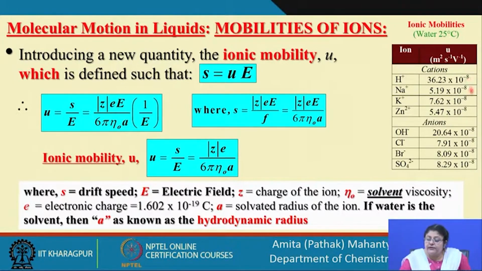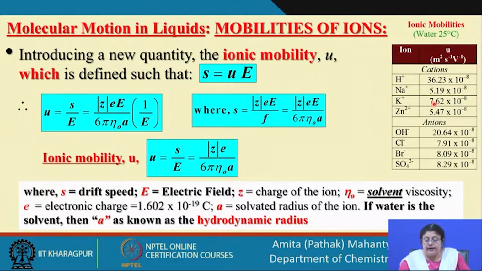So, you can make out there is a drastic difference between the mobilities of ions such as H plus and OH minus compared to the rest of the ions in the solution. Sulphate ion has again a low value compared to the chloride ion. Similarly, zinc ion has a lower value than the potassium ion. So, what is the reason?